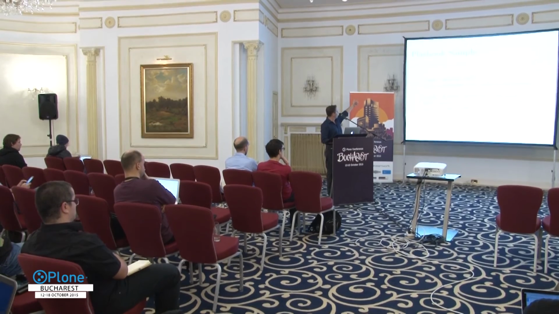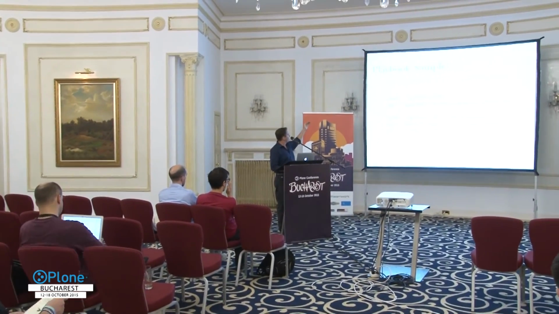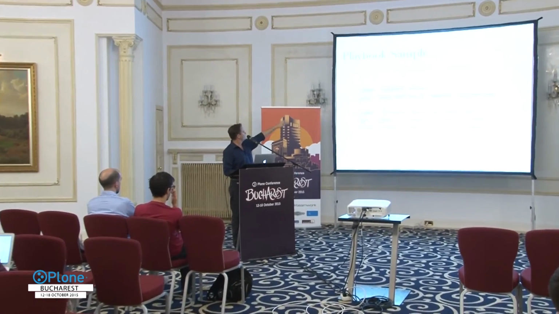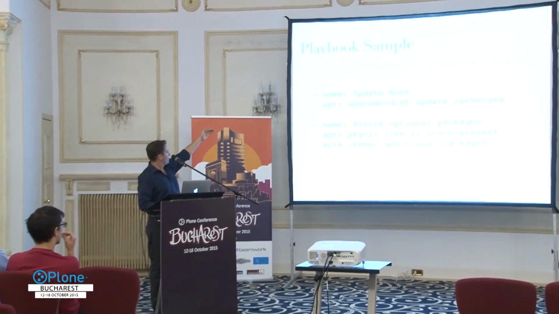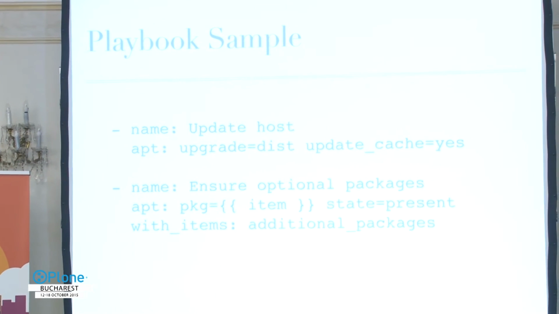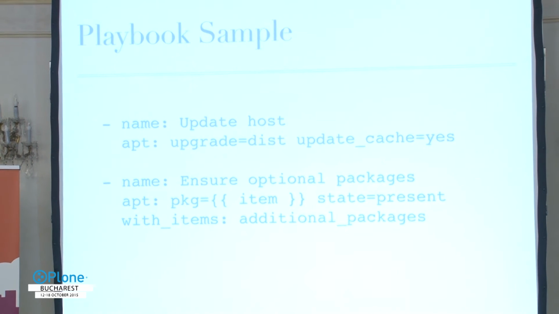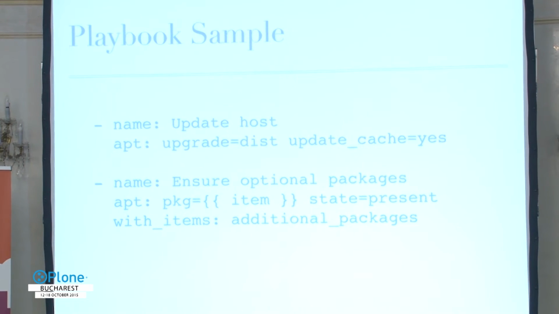Here's an example. This is a fragment of a playbook. So here we see a list of 2 items. Each of the items is a dictionary, so it has a key value. Each list has multiple key value pairs. And in this case, this example comes from Ubuntu's apt package manager.